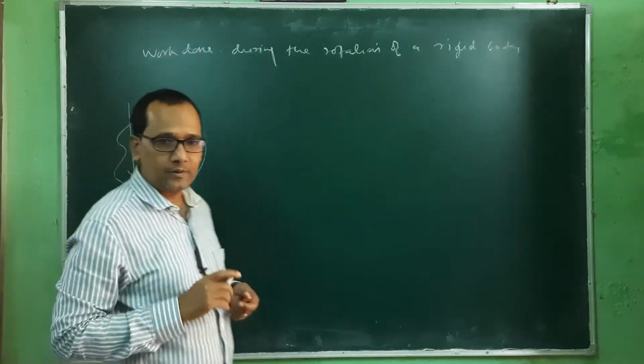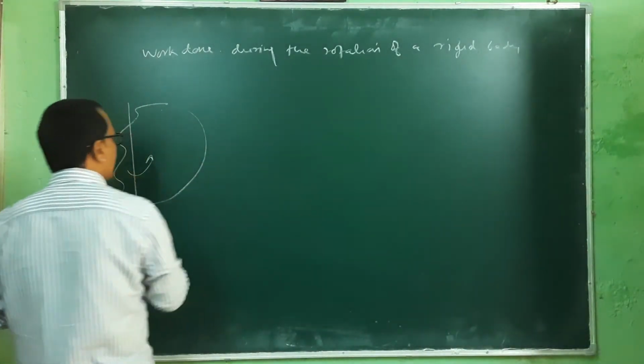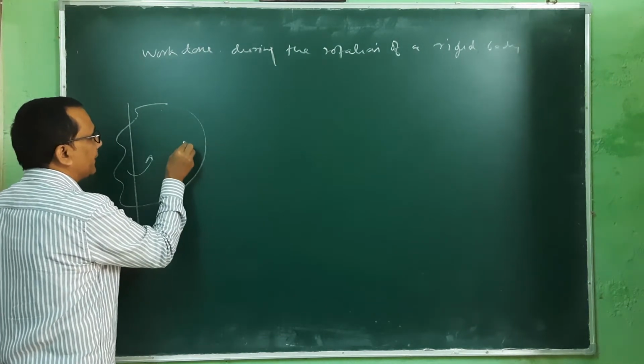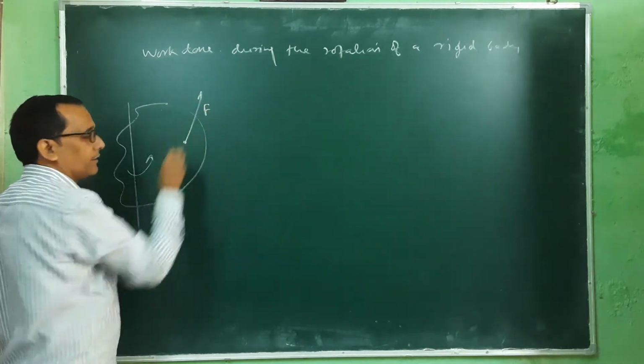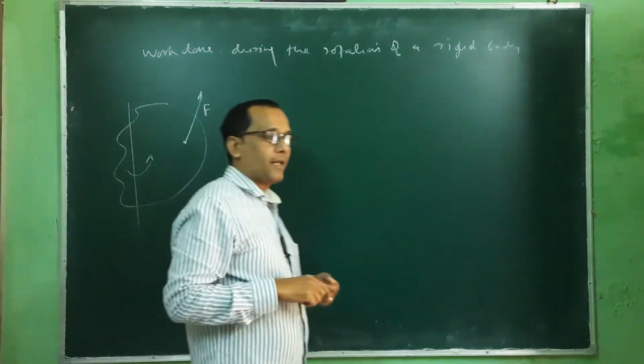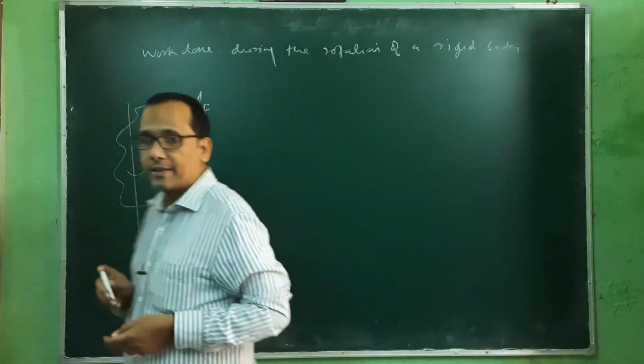Obviously, torque will act, and let's say this rotation is due to one force acting somewhere here in this direction, that is the direction of force. We are applying this, and this body is trying to rotate along this axis. So we have to calculate the work done during this rotation.